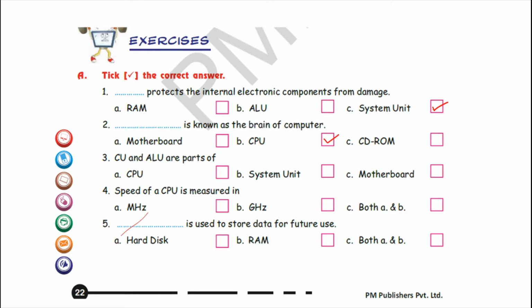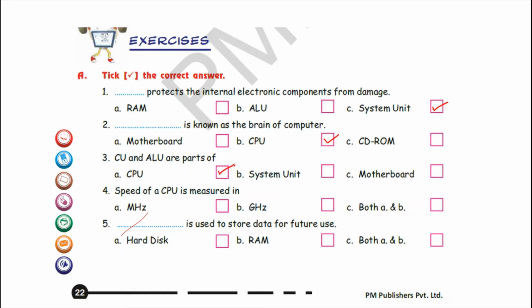CU and ALU are parts of option A, CPU, B, system unit and C, motherboard. CU and ALU are parts of CPU. Put a right tick mark in the box in front of option A, CPU.